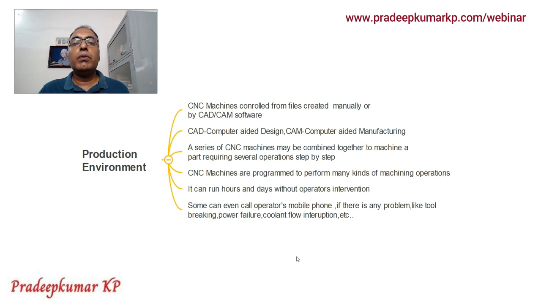In manual programming, you have to calculate each tool's movement geometrically, using mathematical formulas. For example, X has to go 200 mm, so X 200, Y has to go 500 mm, Y 500, like that. We have to manually write down the tool path values, put them in a file, and that file can be read by the CNC controller, and the machine can run. That is the manual programming style.